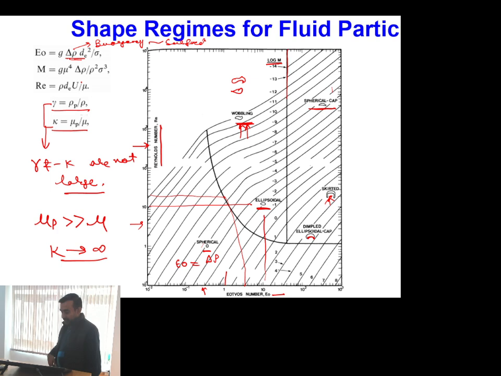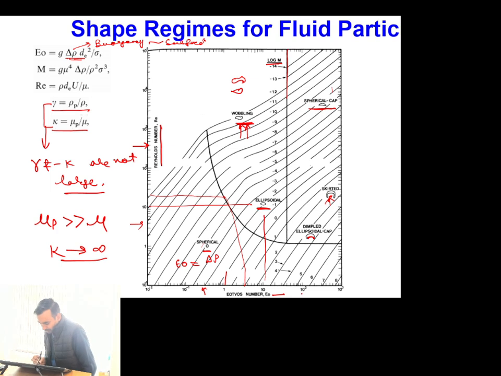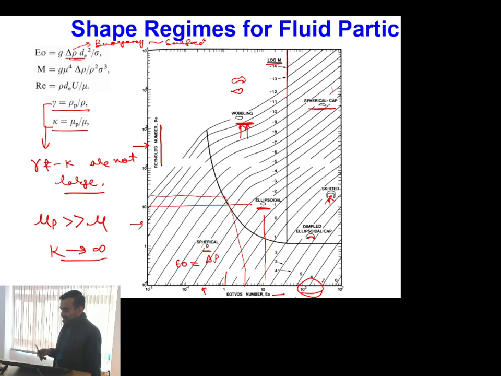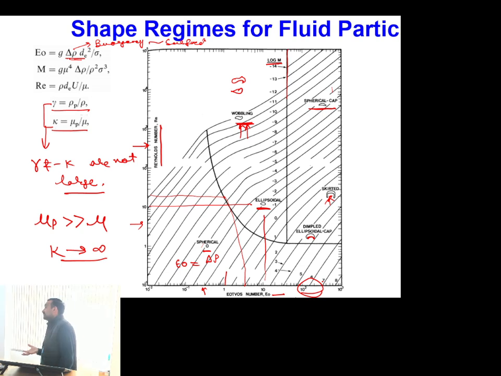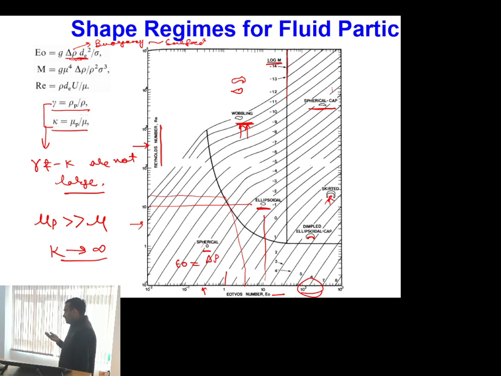Is this point clear? Likewise, when the Bond number is very high, close to 100 or 1000, what do you have? Ultimately, for increasing the Bond number, what has to increase? The equivalent diameter. So the size of the bubble has to increase.